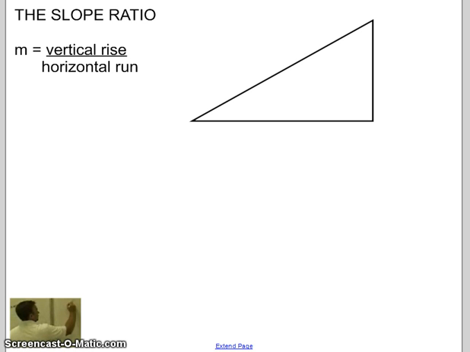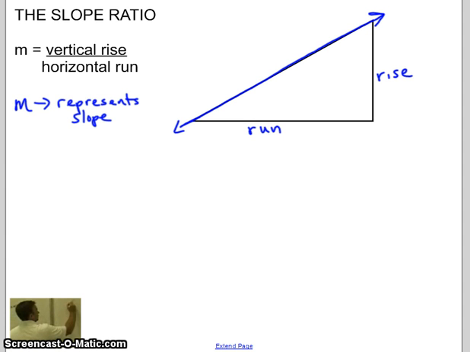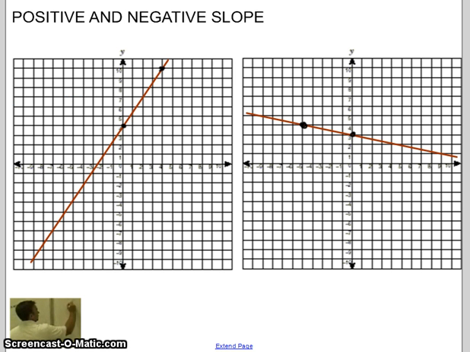And we often use the variable m to represent slope. Okay, so we have our line, our slope, and then here's our rise compared to our run. Alright, so rise over run.